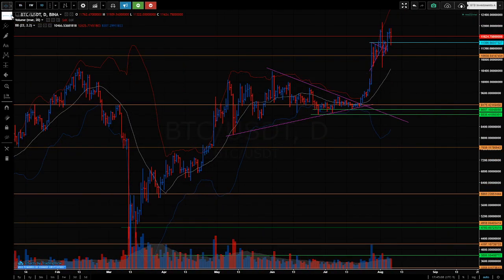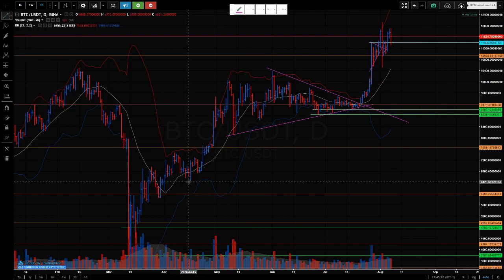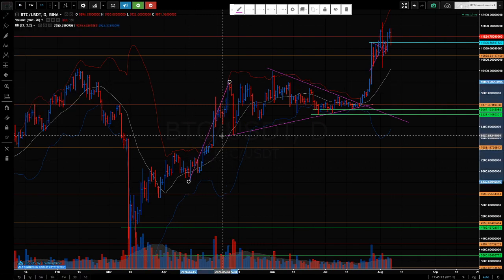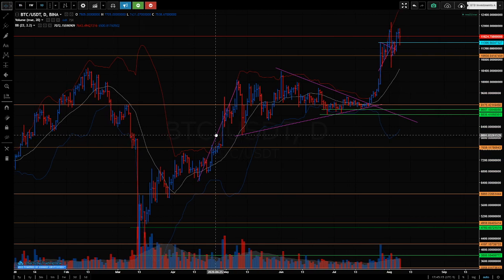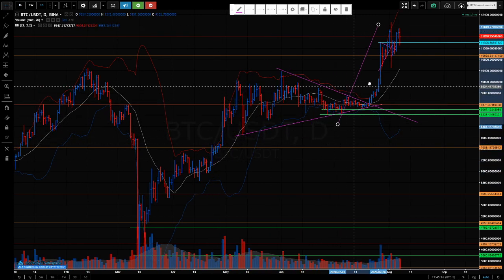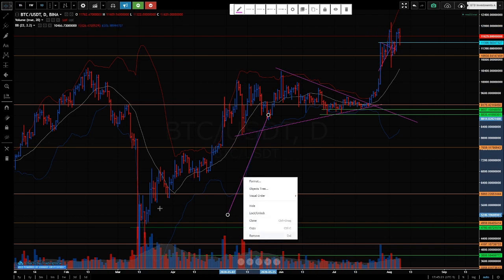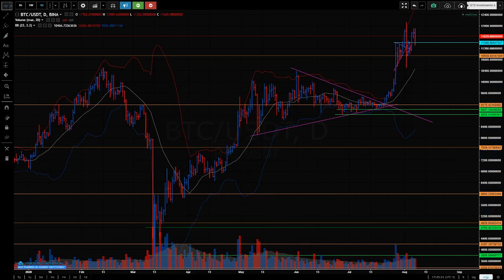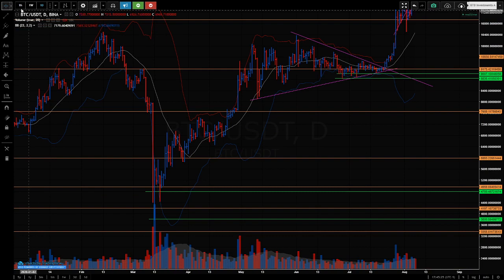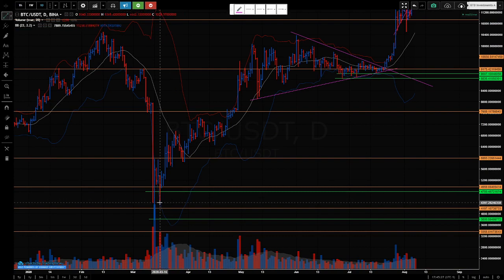So again, I did a short-term and a long-term one. The optimistic projection off that is to take the entire move, which is here.